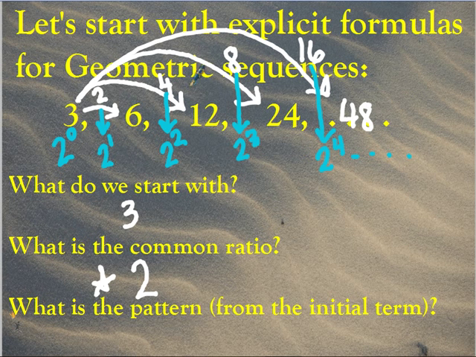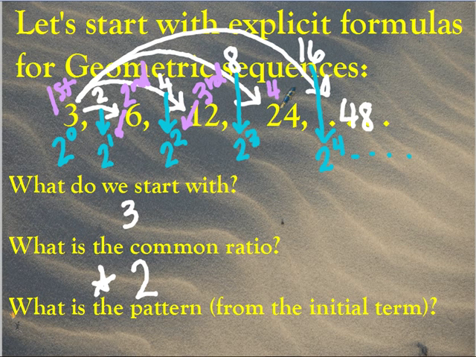So let's take a look at the term number and what power of 2 we multiply by to get there. If I look at my first term, I multiplied by a power of 0. To get to my second term, I multiplied by a power of 1. To get to my third term, a power of 2.